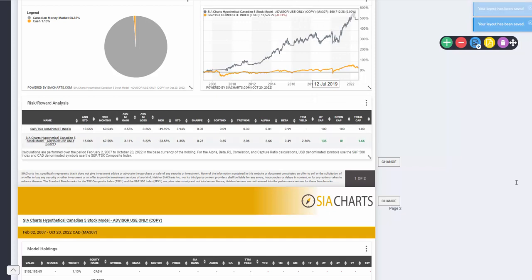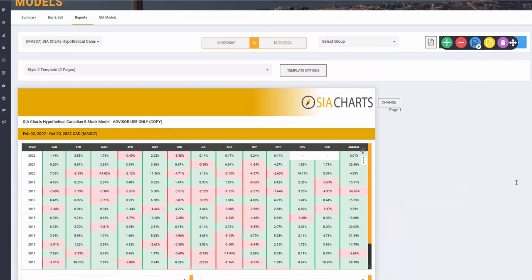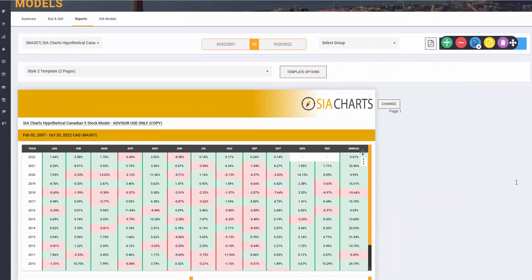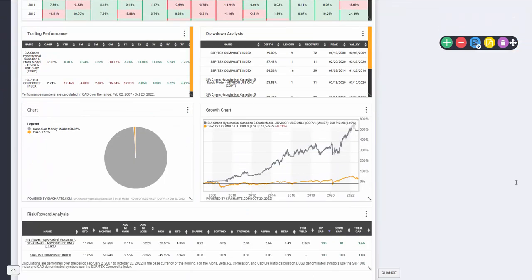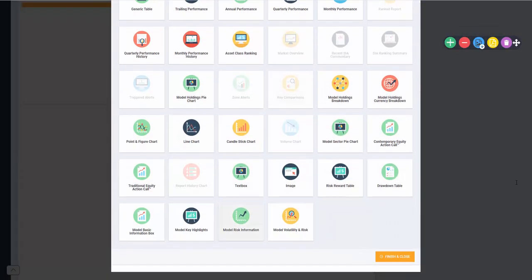And there I can see my up capture ratio here. The same thing we looked at on the other screen, for different time periods. Now the really awesome thing is you can change the time frame that you're looking at up here at the top. That will also change the scores that you're seeing down here below. Now there are new widgets here that you can add to see this information as well. You can see it in the market volatility and risk, or the model risk information.